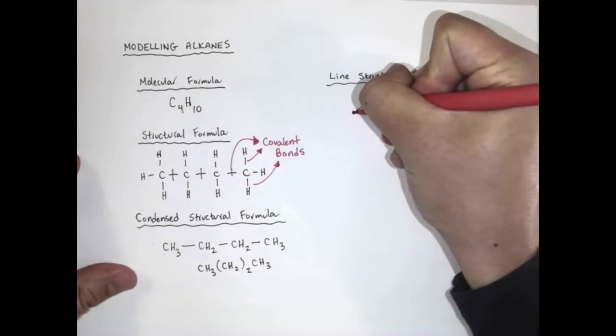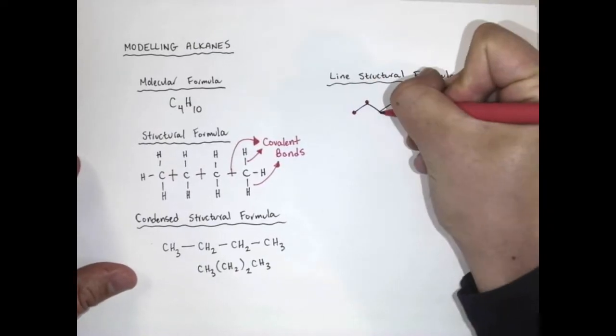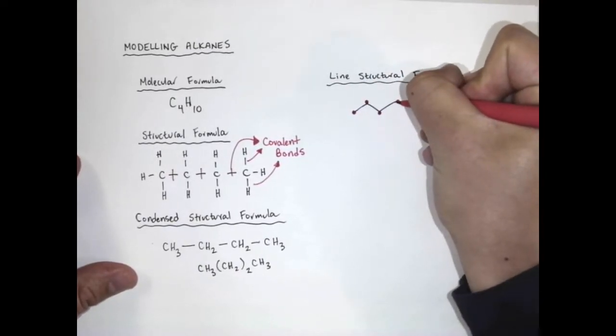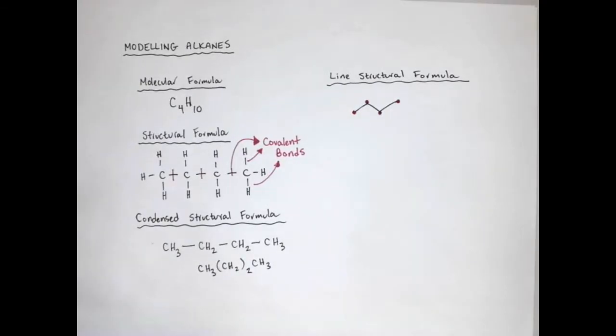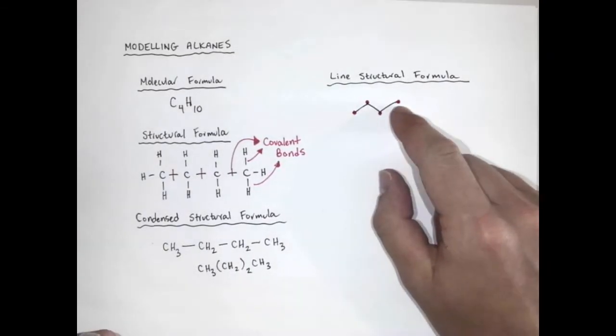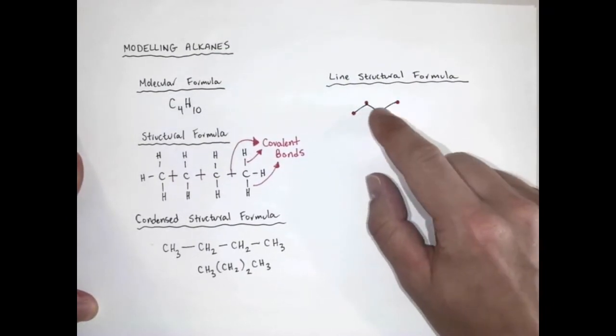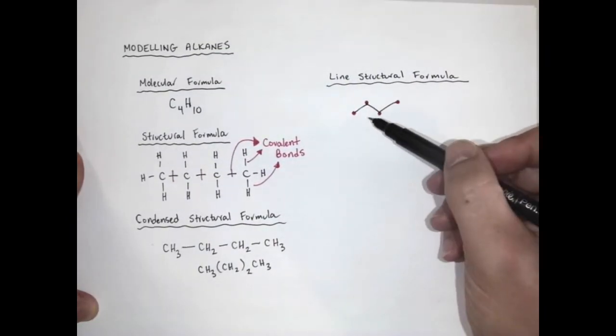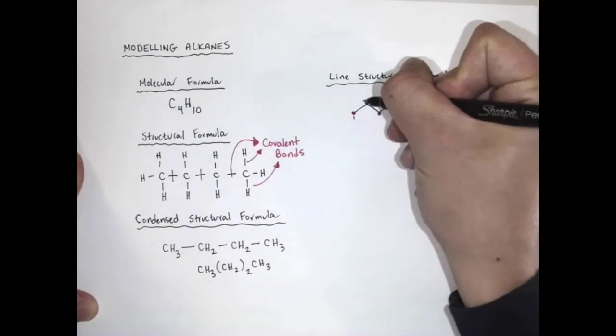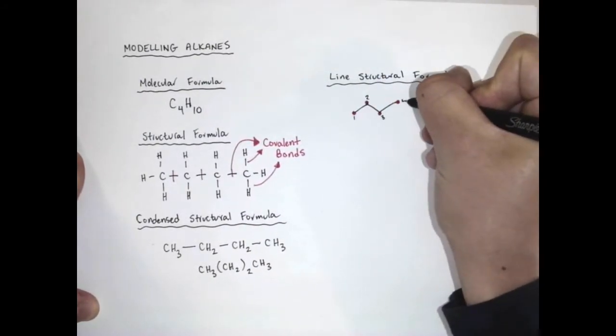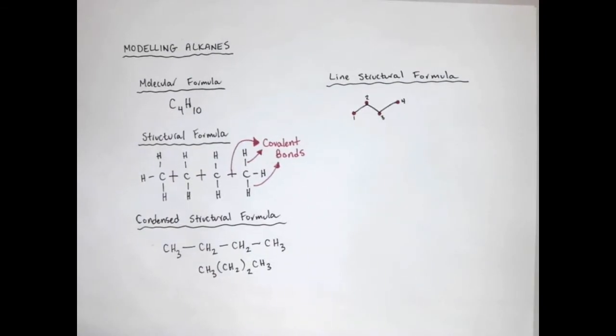So this would be carbon 1, there's carbon 2, carbon 3, carbon 4. Now, I don't show the red dots, the carbons here. They're going to be indicated by the points on this line. So this shows us a 4-carbon structure.